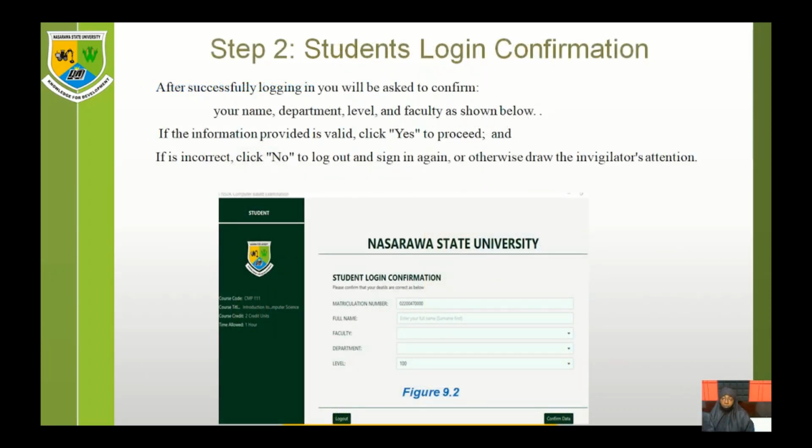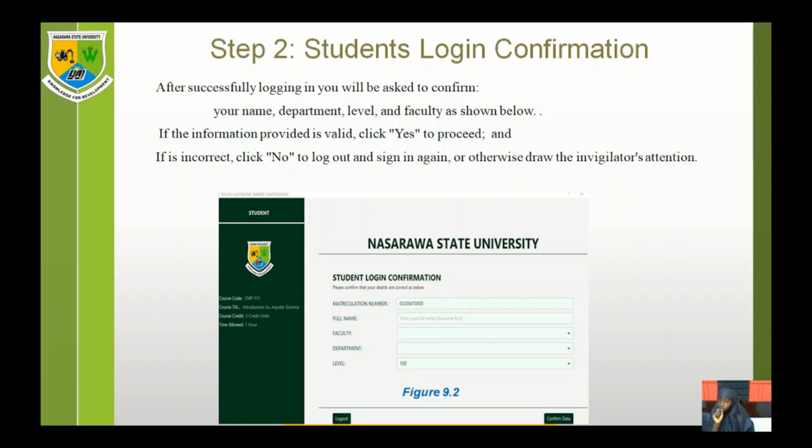Step 2. After you've successfully logged in, you'll be asked to confirm your student login. This is done in order to make sure that the right person is taking the right examination.